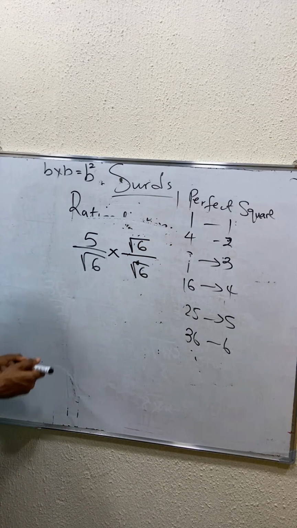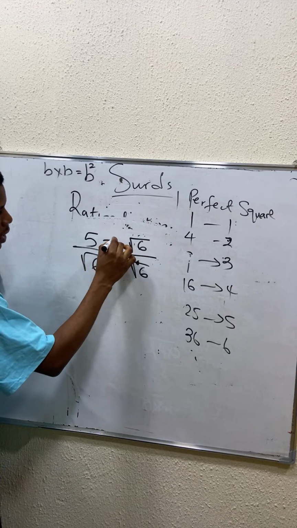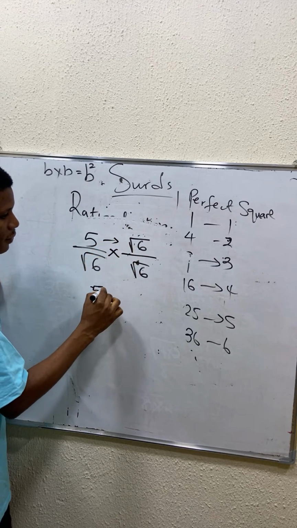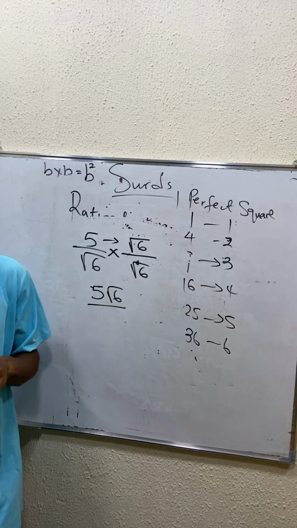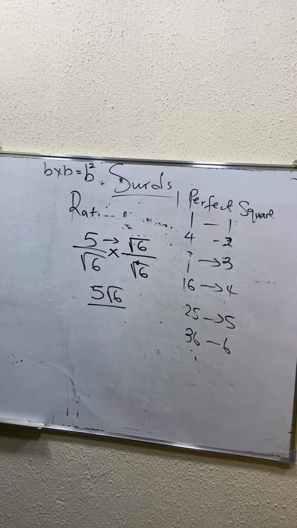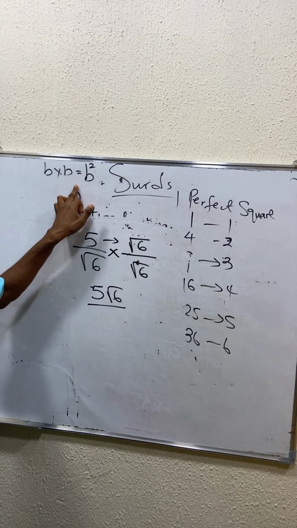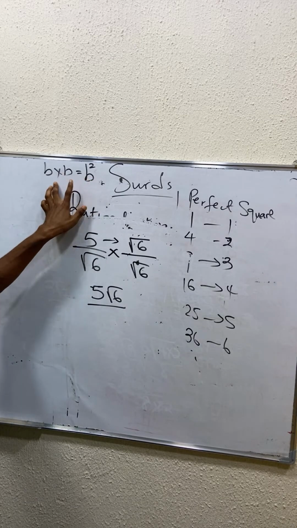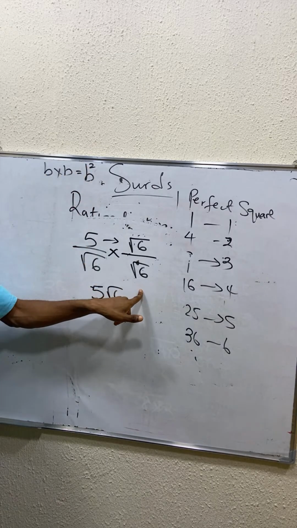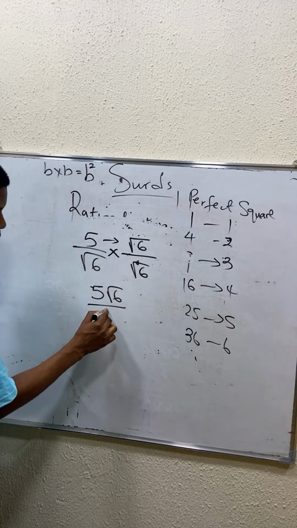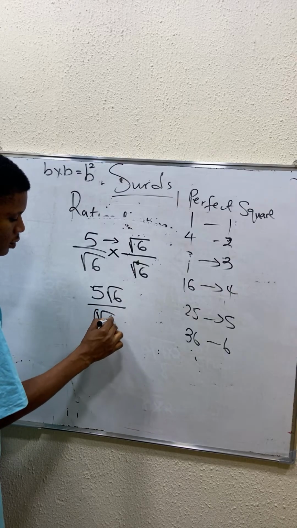So after that, you have 5 times this, which is 5 root 6. Then root 6 times root 6 is two numbers multiplying themselves. As I told you, A times A is A squared, B times B is B squared. So root 6 times root 6 can be seen as root 6 all squared.